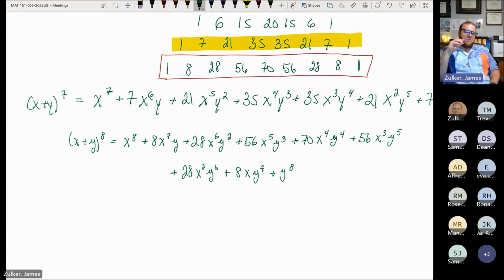But this is definitely a better method than writing x plus y times itself 8 times and then doing multiple FOILs.